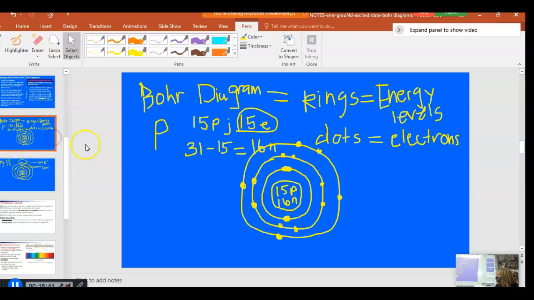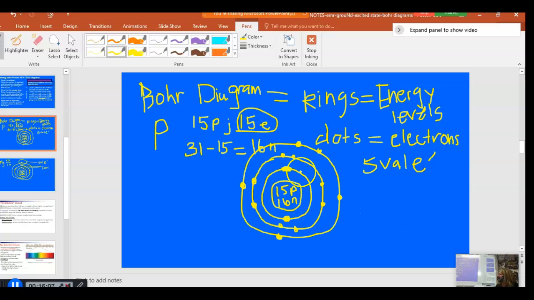If I go back to our phosphorus Bohr diagram, how many valence electrons does phosphorus have? We're just going to count the dots on the last energy level. So 5 valence electrons. On this diagram, this guy has 5 valence electrons.